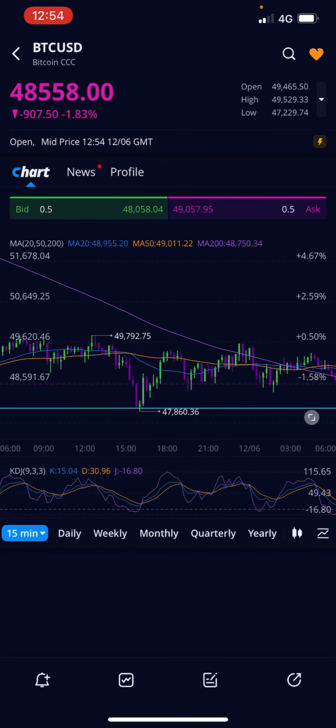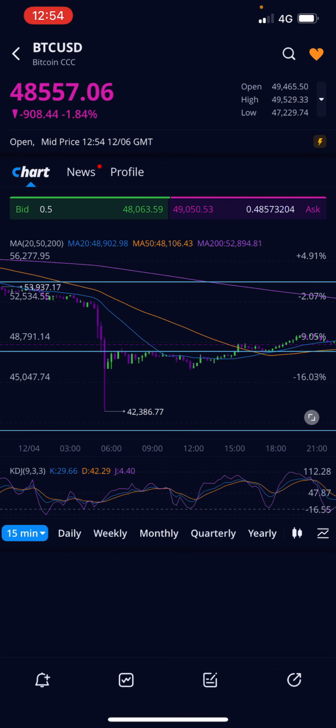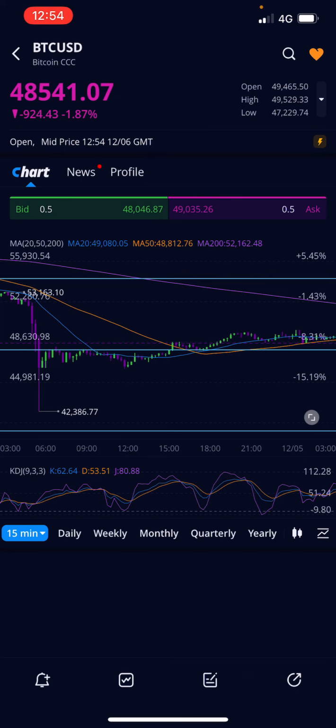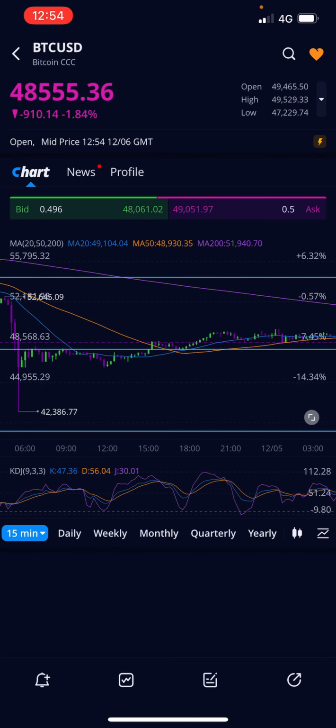We can see that since the crash over the weekend, it was around 52, went down to 42,000, then it quickly went back up, and it traded along the line until it went above it. Before, it traded below the line, so that was your resistance point.